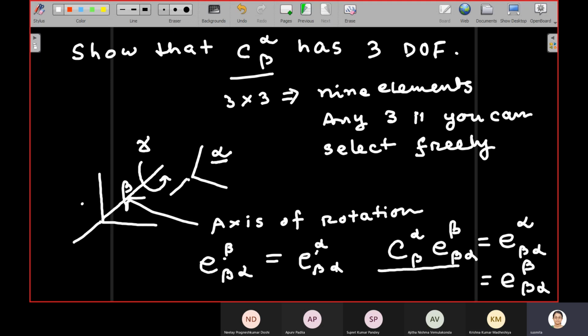What does it imply? See, this is a matrix, this is a vector, and this is a vector. So what can we say from this equation? What kind of equation is this? So it's like Ax equal to lambda x. So it has one eigenvalue which is equal to unity. So a coordinate transformation matrix always has an eigenvalue equal to unity. Okay?